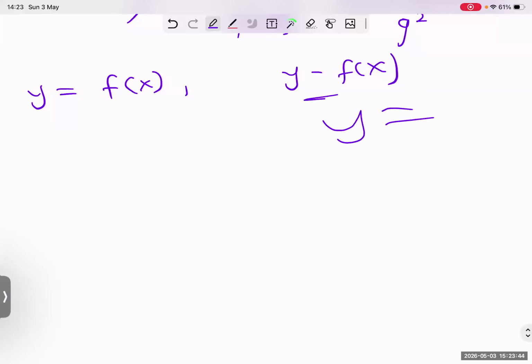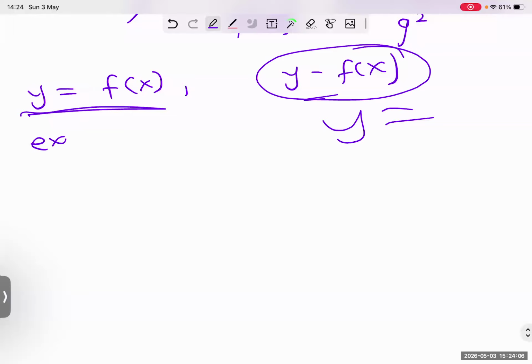There's no clear definition for y. Therefore, there's no explicit definition for y. And so the second function here is said to be in the implicit form. But for the first function, y has been explicitly defined. Therefore, y is equal to f of x is said to be in the explicit form.